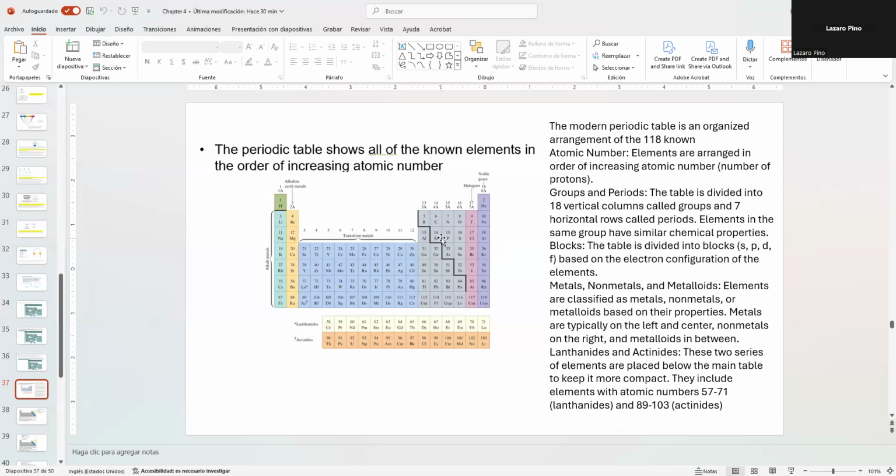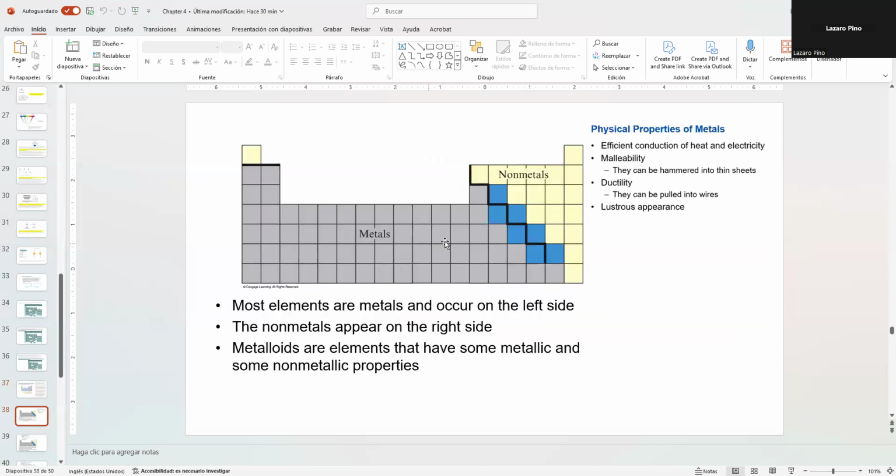Also, we can divide the elements into metals and non-metals. And in between of this zigzag line, we have the metalloids. The metalloids are elements that have some metallic and some non-metallic properties.